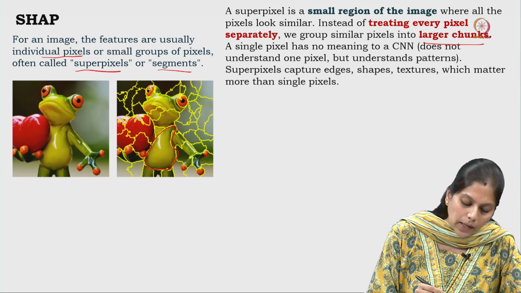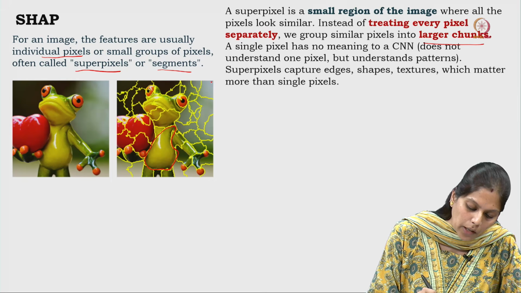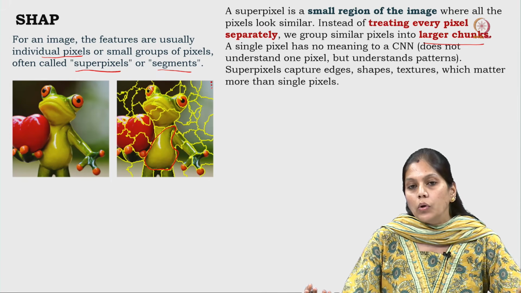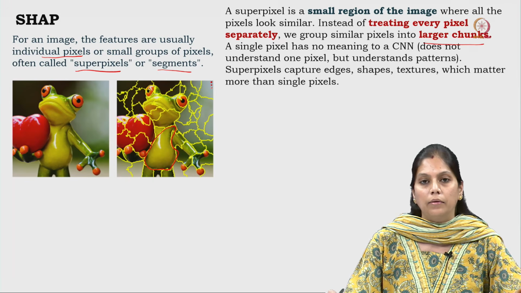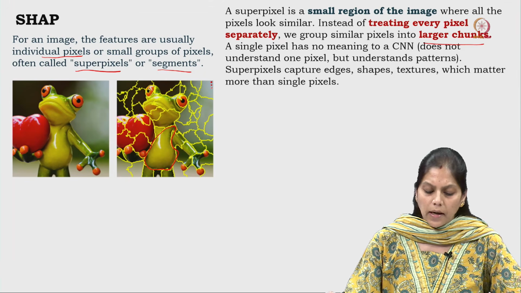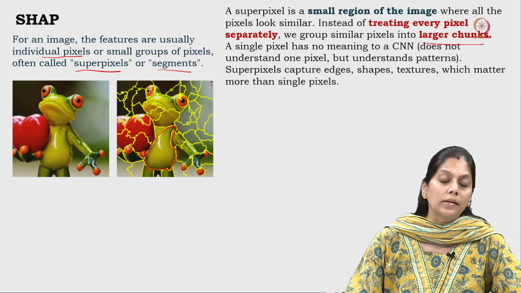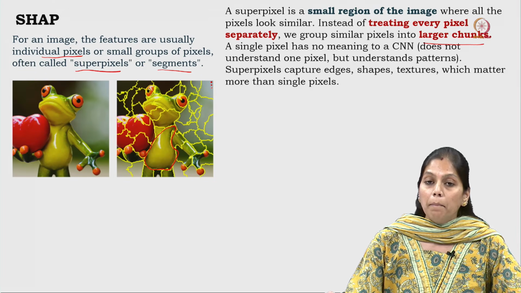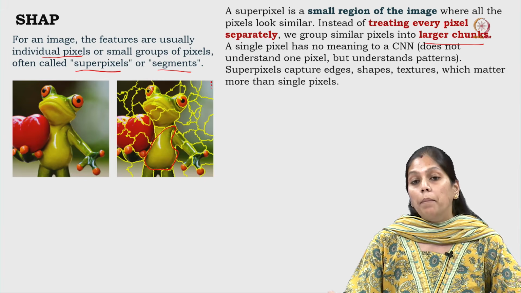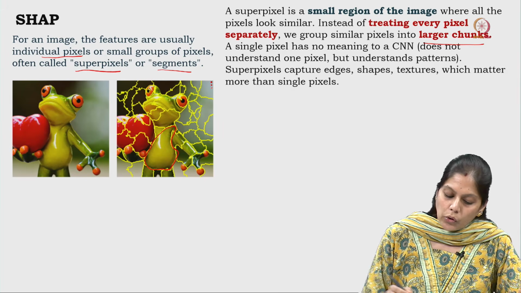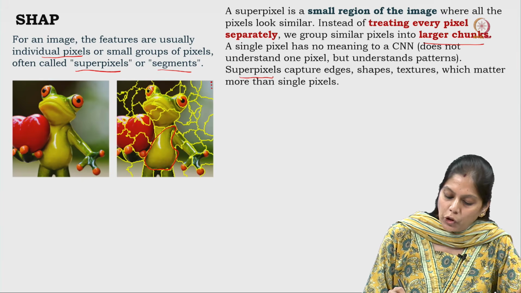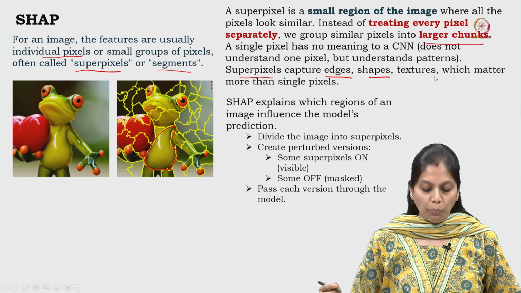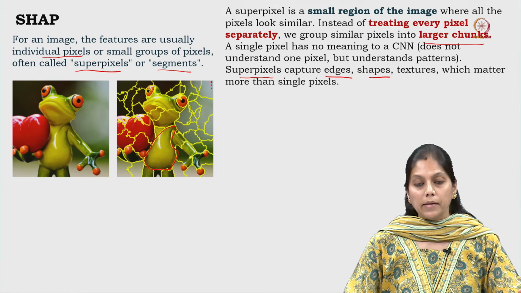A single pixel is just one dot here, one dot there. A CNN does not understand the information present in one particular pixel, but a CNN understands patterns. Therefore, a superpixel captures edges, shapes, and texture, which matter more than a single pixel.